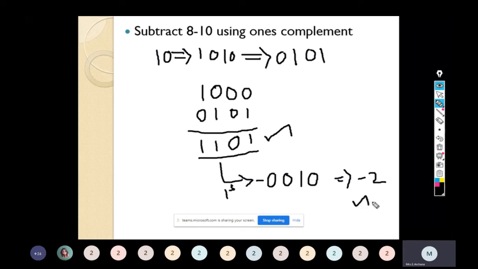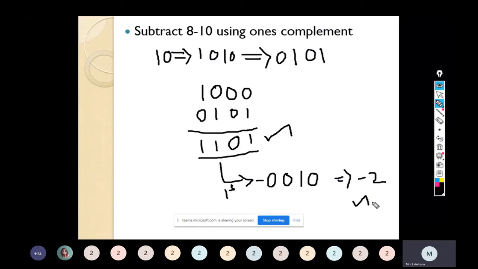For A minus B, we take 1's complement for B, and then we add it with A. If there is a carry, we add it with the sum and get the result. If there is no carry, once again take the 1's complement for the obtained result and put a negative sign.